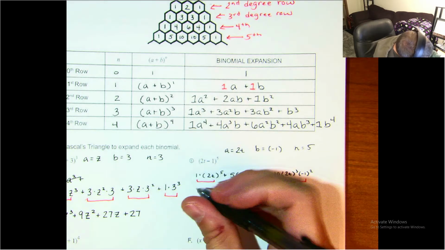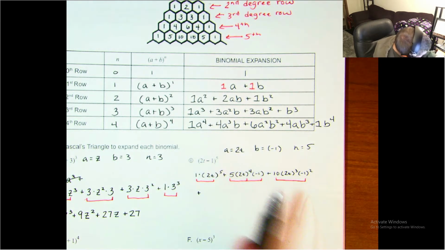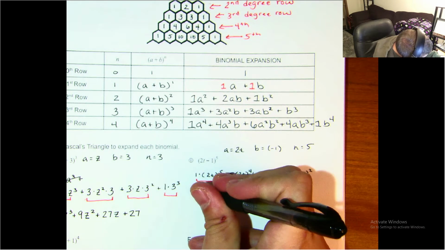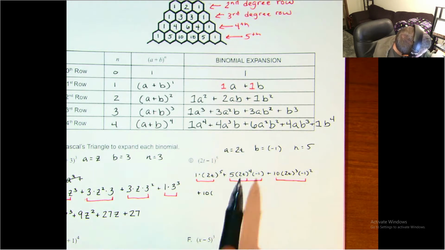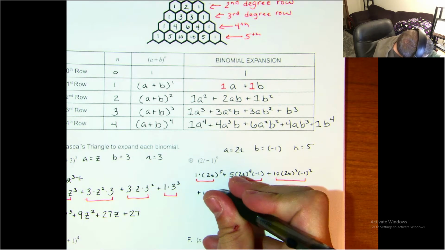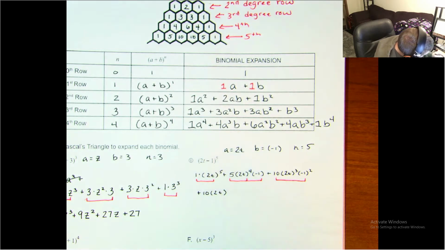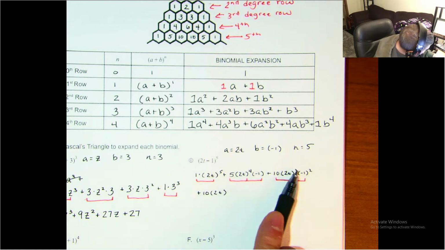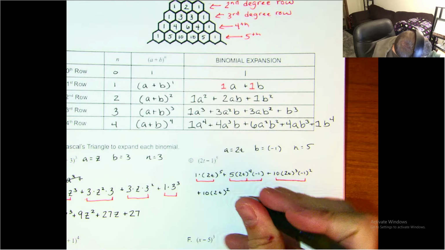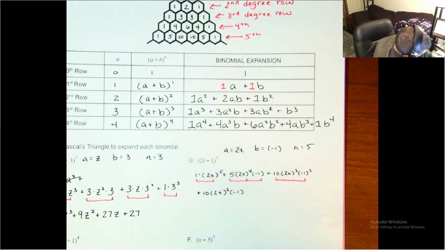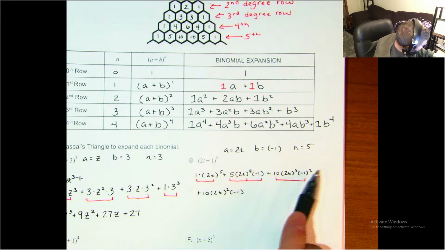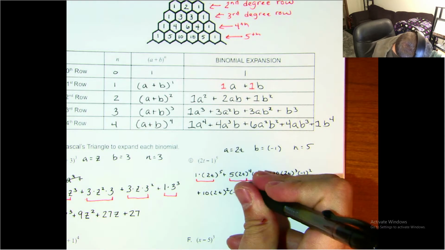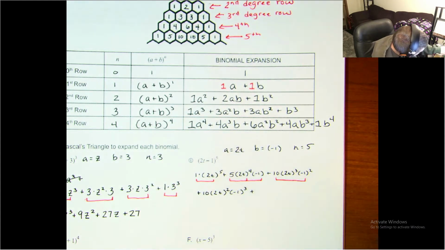I'm going to write my 4th cell down here, plus 10 times 2t to the 5, 4, 3 second power times -1 to the 0, 1, 2 third power. That's my 4th cell.